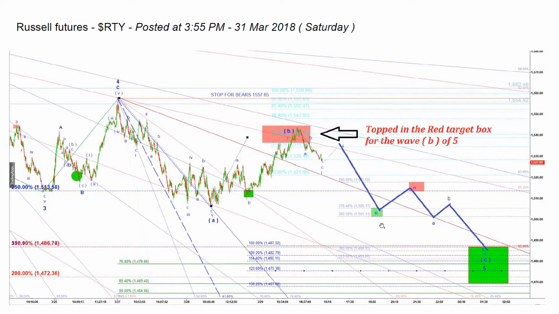But again, the most important part of that count is that stop. Once we get that wave 3 down and a corrective looking pullback up, we would move our stop here, and we would start counting the very last 3 squiggles, A down, B up, and C down.